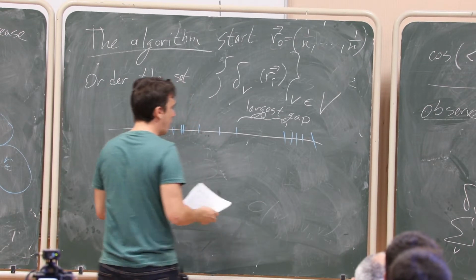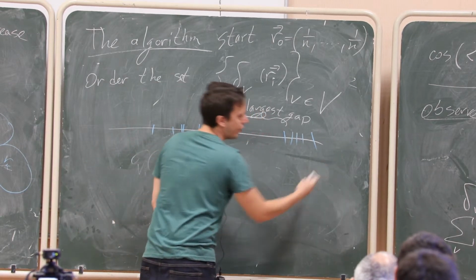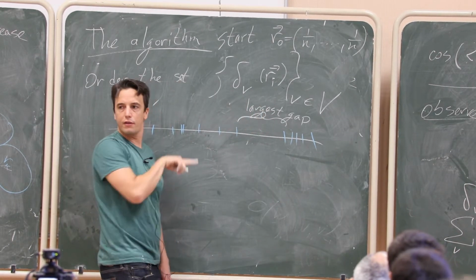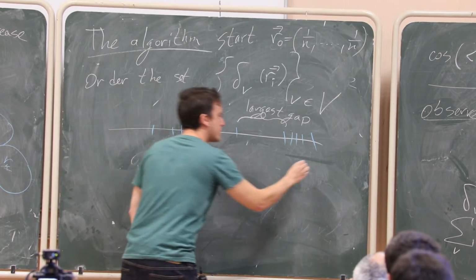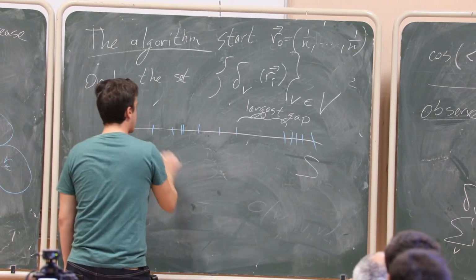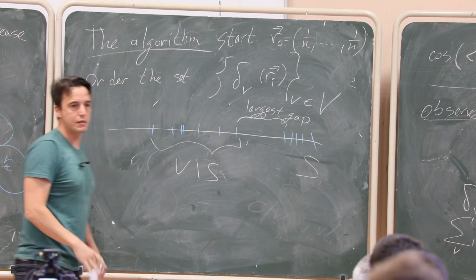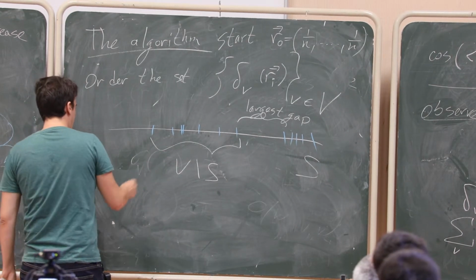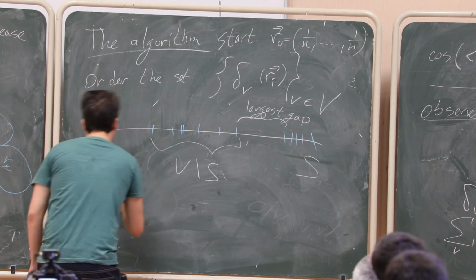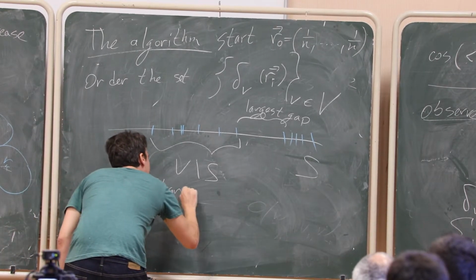I call all these vertices whose defects are large the set S, and this set I will call V minus S. So the algorithm chooses the largest gap.